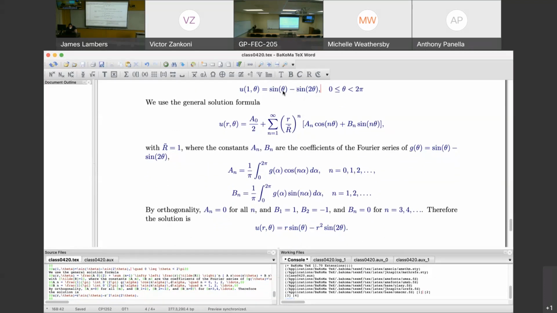The only thing that's happened is that we have the appropriate powers of r multiplying each term. So for sine theta, we have r to the first power, and for sine 2 theta, we have it multiplied by r squared. So that's what would happen in general. If you have boundary data in this form, you could just stick in the appropriate factors of r. Now, keep in mind, if you're on a circle whose radius is not 1, don't forget to divide by the appropriate power of your radius.